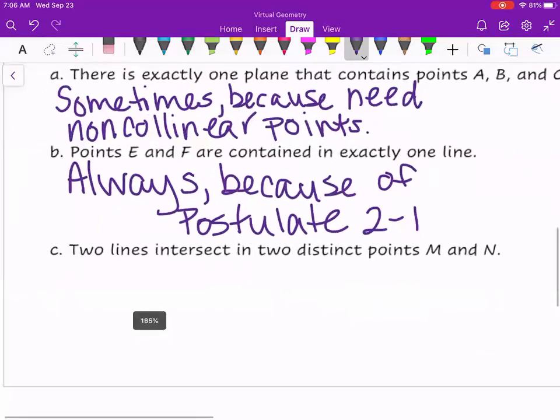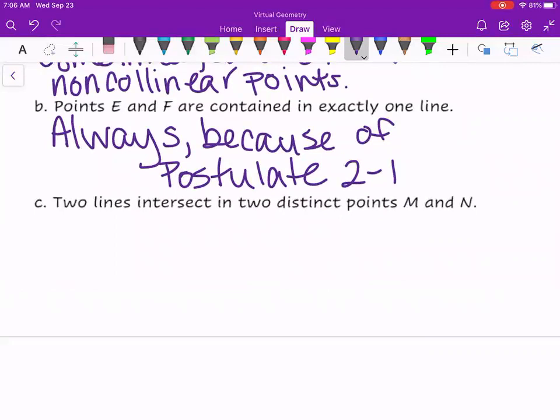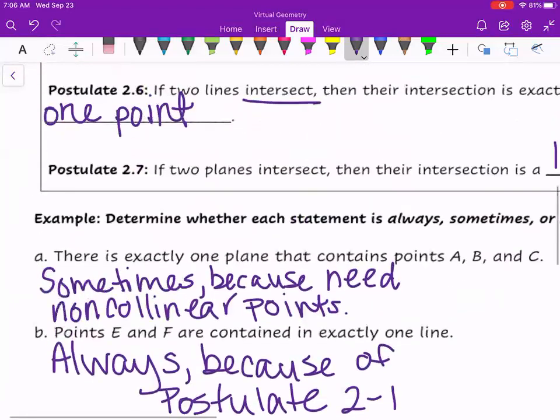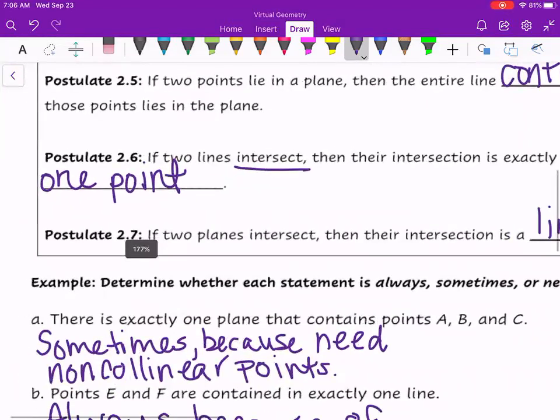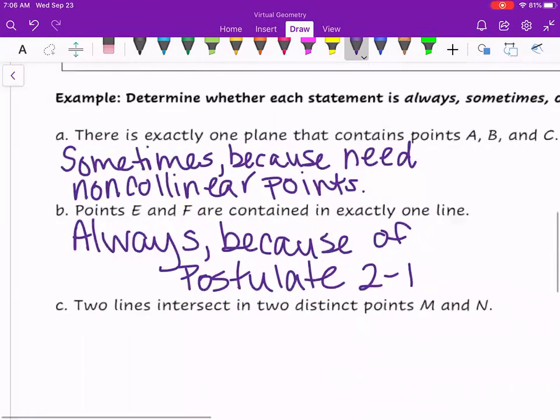Let's look at our last one. 2 lines intersect in 2 distinct points, M and N. Let's find the postulate that talks about when 2 lines intersect, which is postulate 2-6. If 2 lines intersect, the intersection is at 1 point.